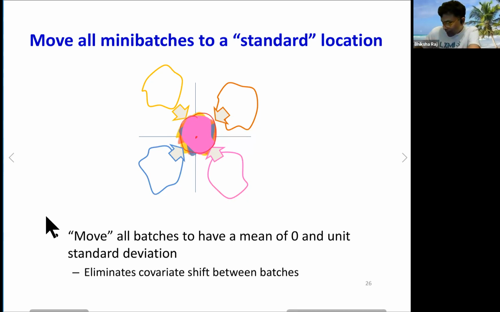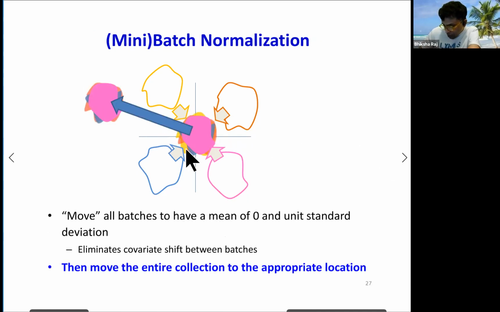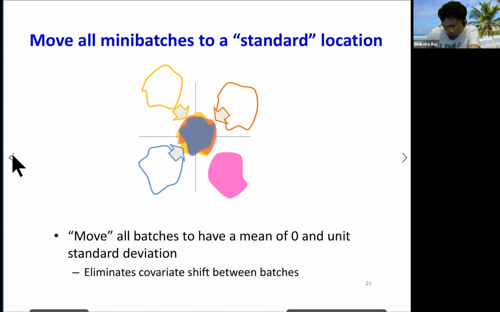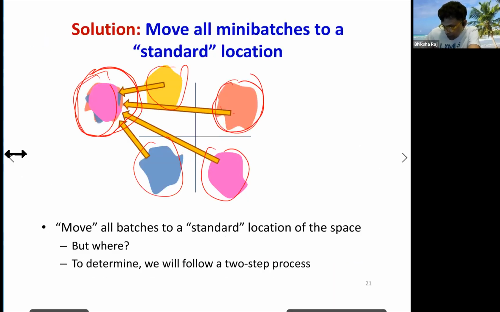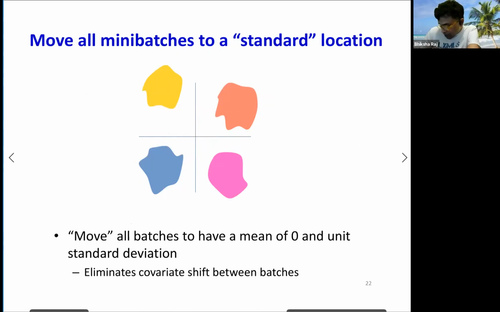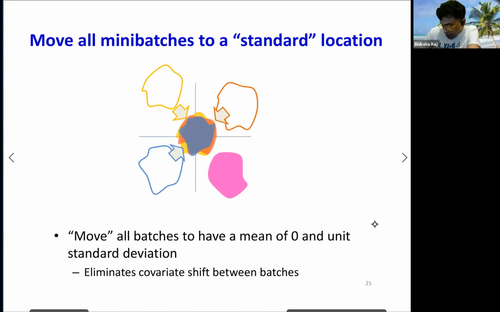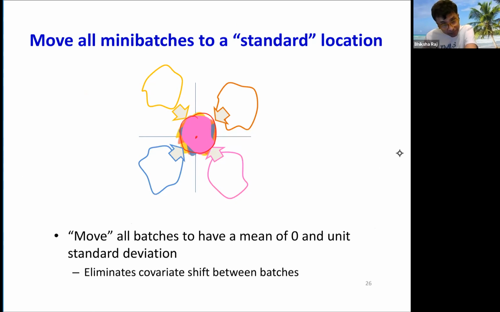And then I'm going to shift each of the mini batches to the standard location from here. The advantage of doing it this way is that I don't need to learn a separate shift for every mini batch. Instead, I just need to learn one shift from the origin, and shifting the mini batches to the origin is a trivial operation that does not need any fancy computation. It does not need learning. It doesn't need a network.